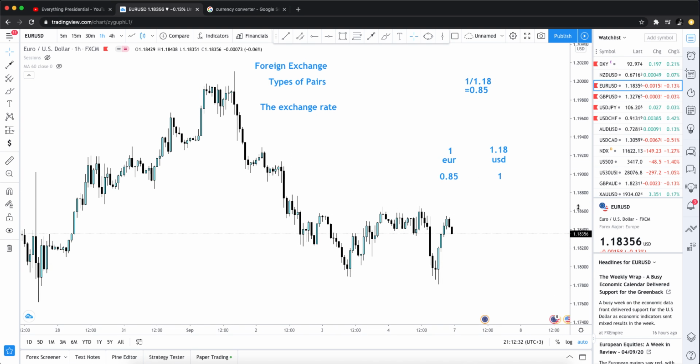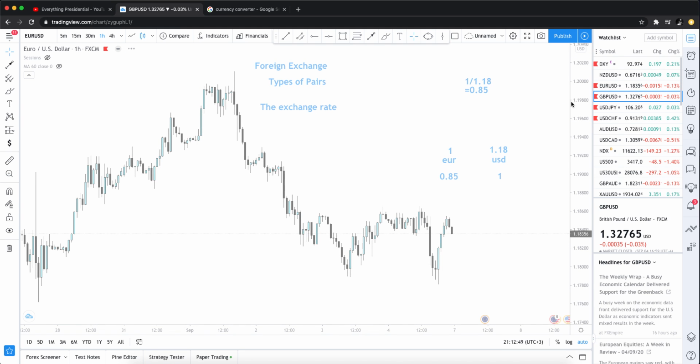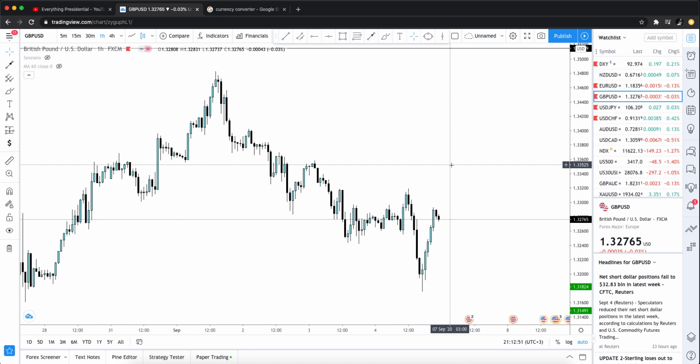So the numbers or the price that you see at the right hand side on a chart is basically the exchange rate of that certain pair. So let's check GBP USD out. The exchange rate of GBP USD is 1.32765. Let's say 1.33.